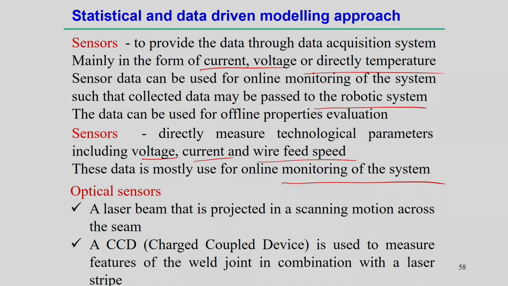In that case we can use a laser system, where the laser beam is projected with a scanning motion across the seam. The reflected information can be captured by a CCD to extract features of the weld joint in combination with the laser. So laser based sensors are also available for online monitoring of the system, and sometimes a CCD system can also be used to extract data during the manufacturing process.